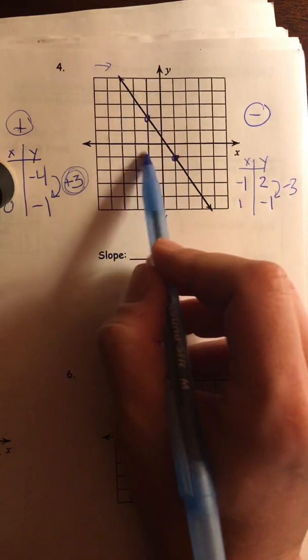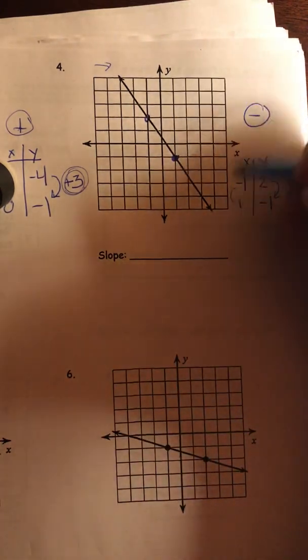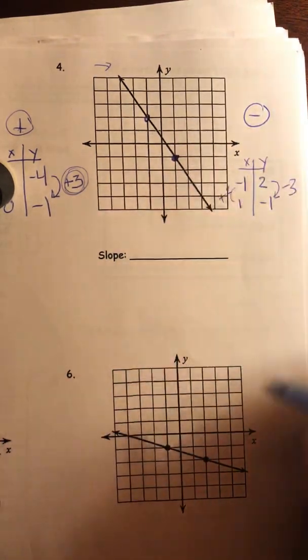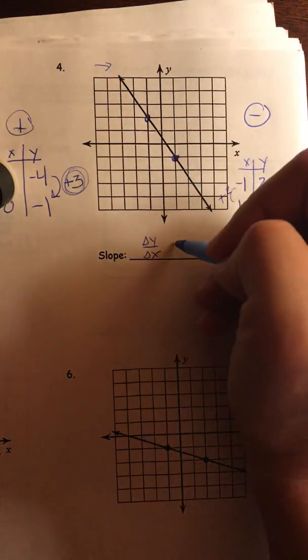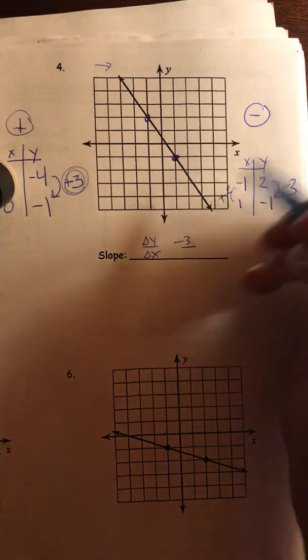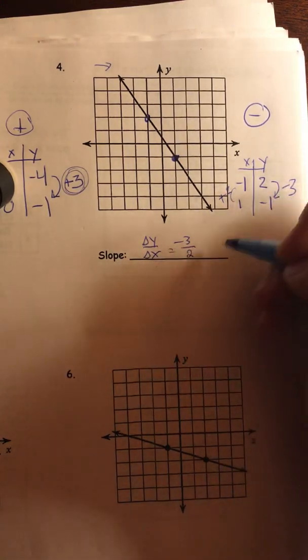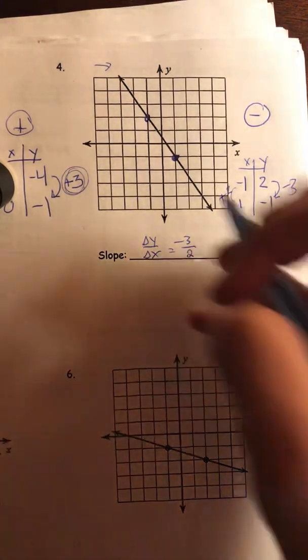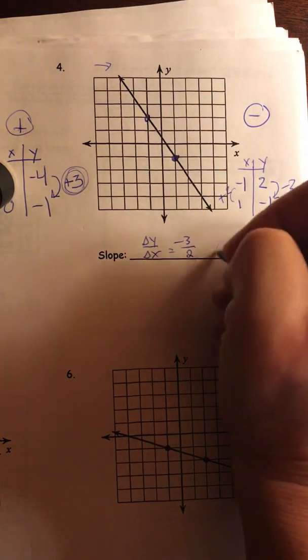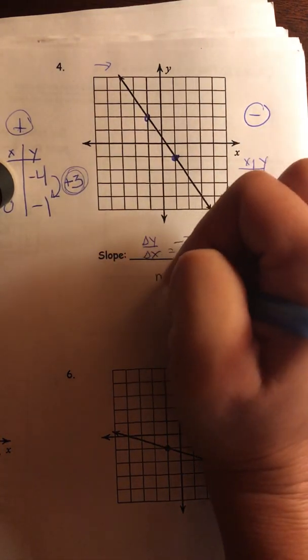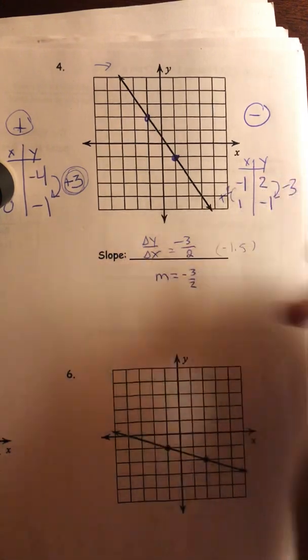And from -1 to 1 is an increase of 2. So your change in y over your change in x, you're going to do -3 over 2. That's your slope. If you turn this to a decimal, this is like -1.5. So m equals -3 halves.